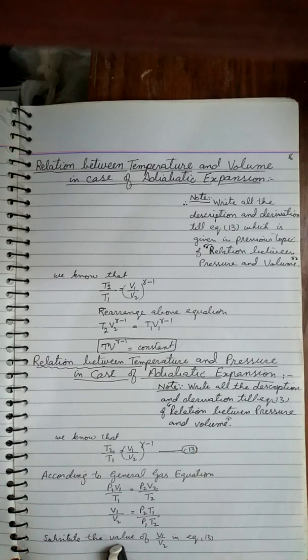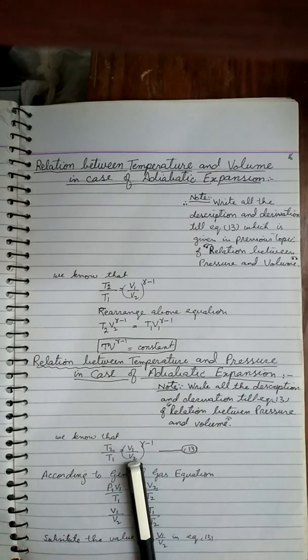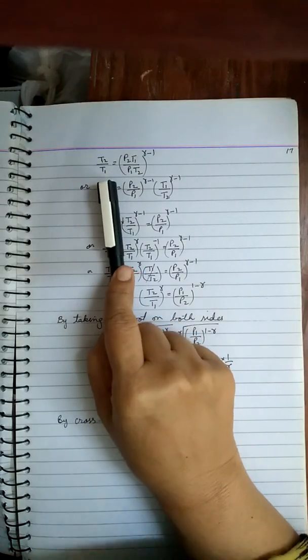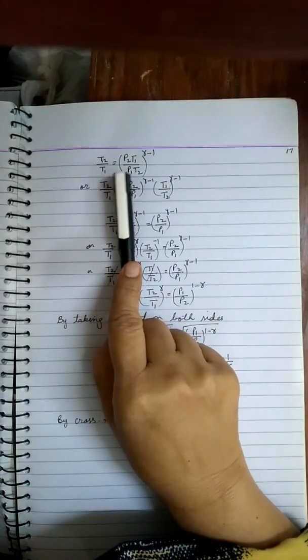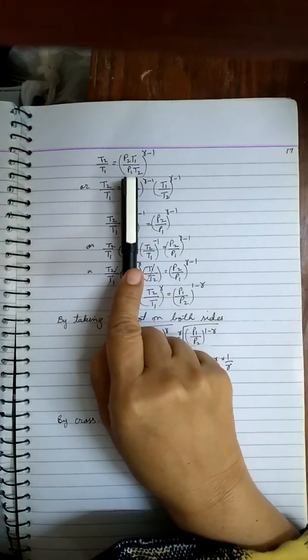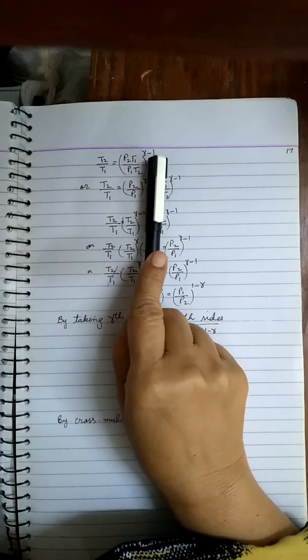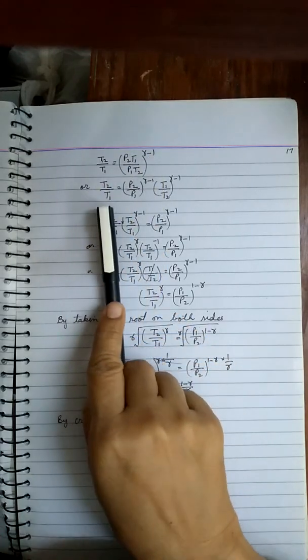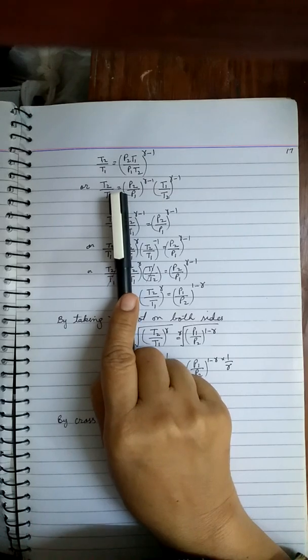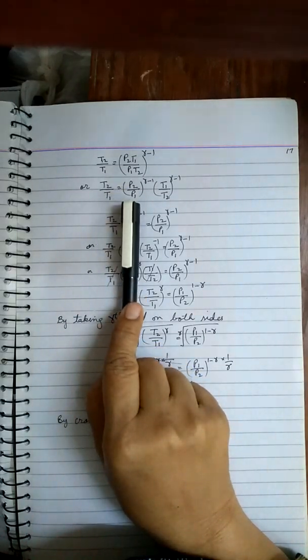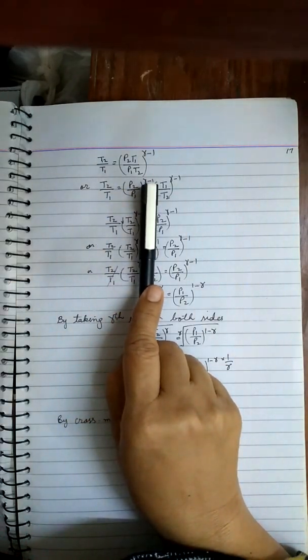Substitute the value of V1 by V2 in this equation 13. So T2 by T1 is equal to P2 T1 by P1 T2 raised to power gamma minus 1. T2 by T1 is equal to P2 by P1 raised to gamma minus 1.